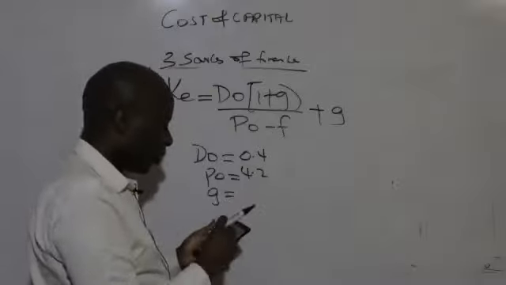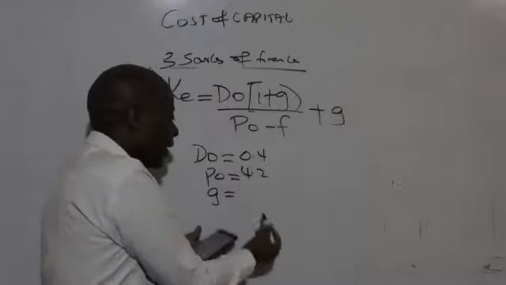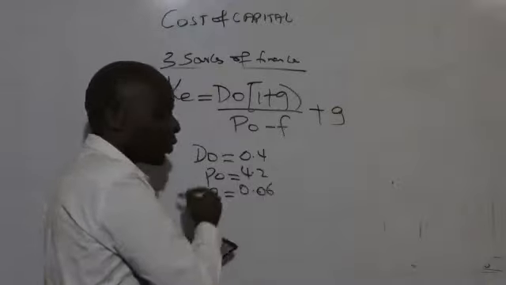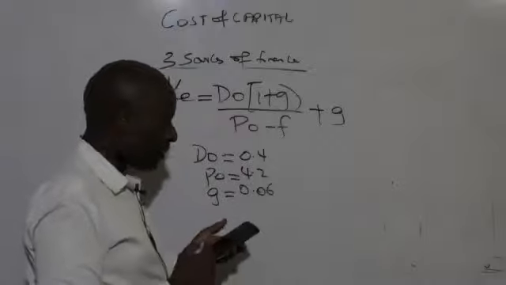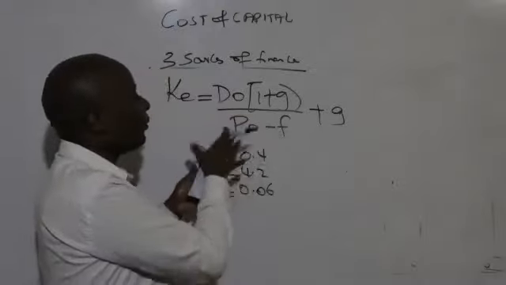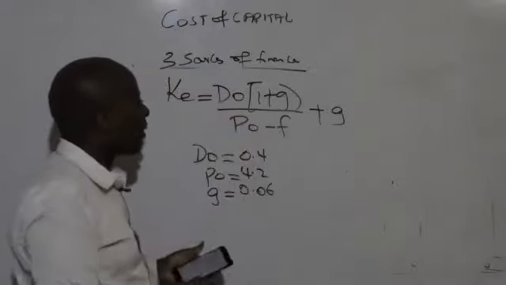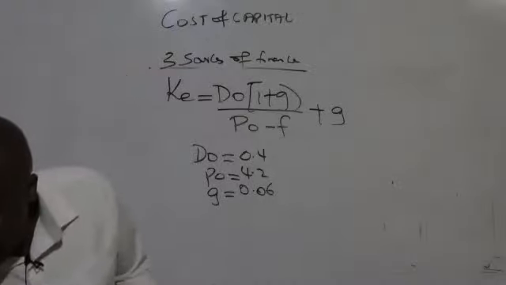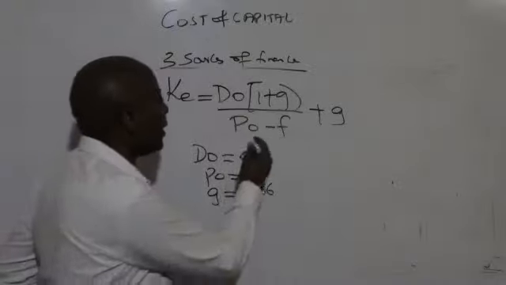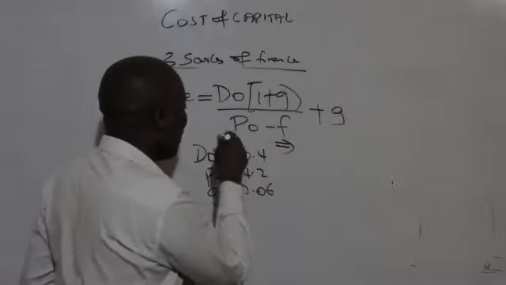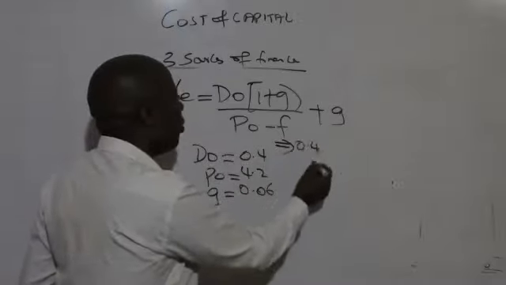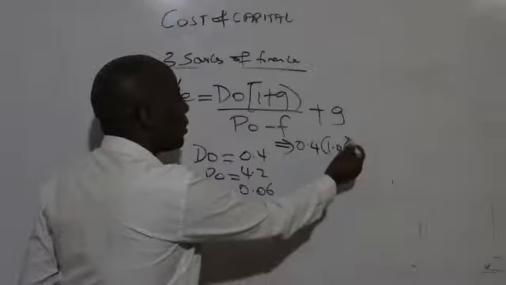These guys have given us the growth rate. They're telling us 6%, which is the same as 0.06. So plug the figures in. Our Ke here will be equal to our D0, which is 0.4, into 1.06.